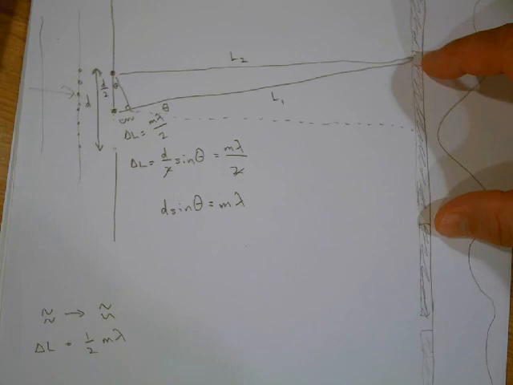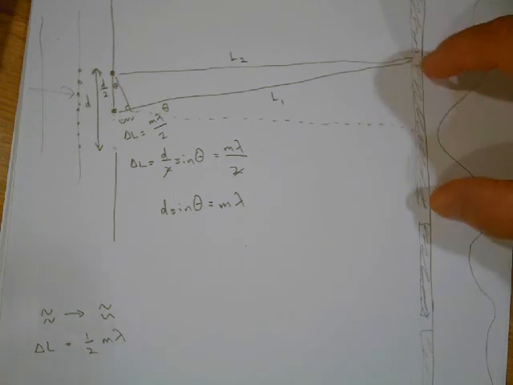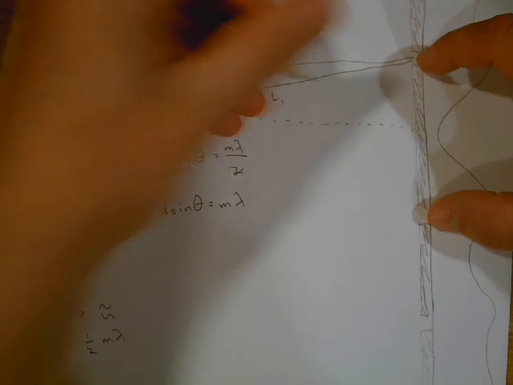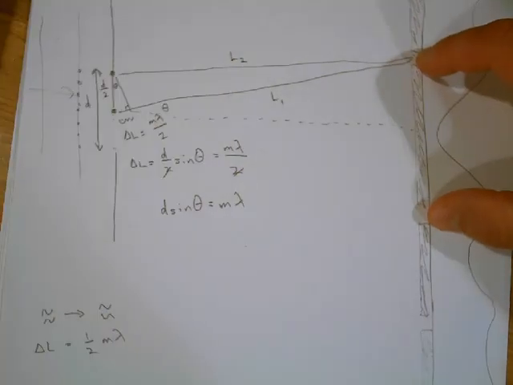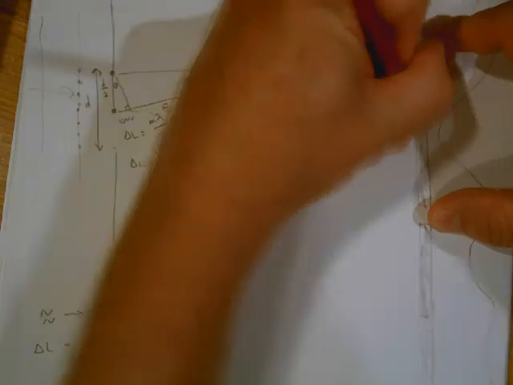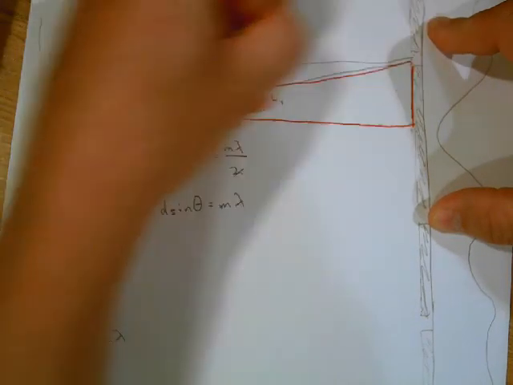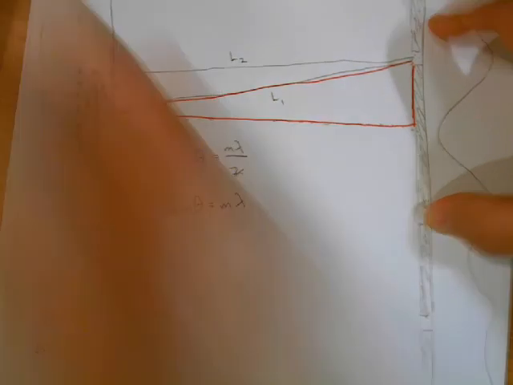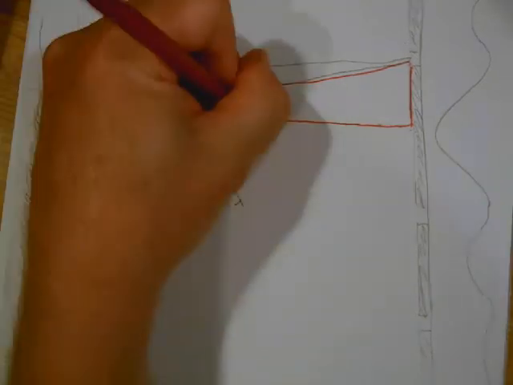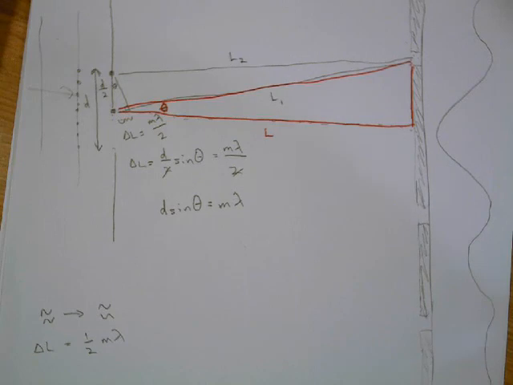A couple things. A lot of times when you're talking about single slit interference, maybe they'll ask you to solve for how wide this is. Well, if you know this distance, actually let me draw it in a different color just so it's easy to see. I'm going to draw this red triangle in, where I know that theta.